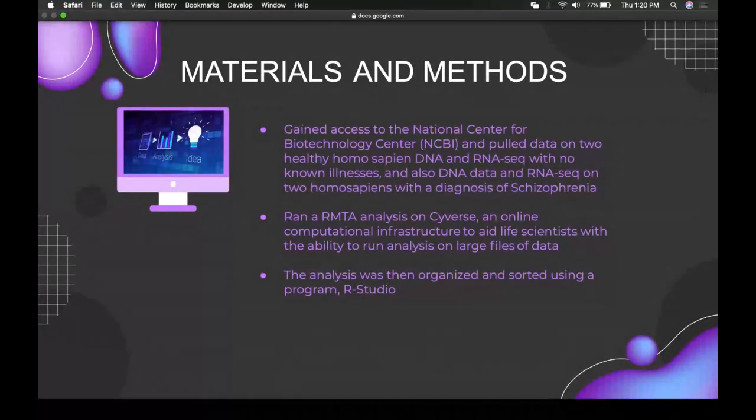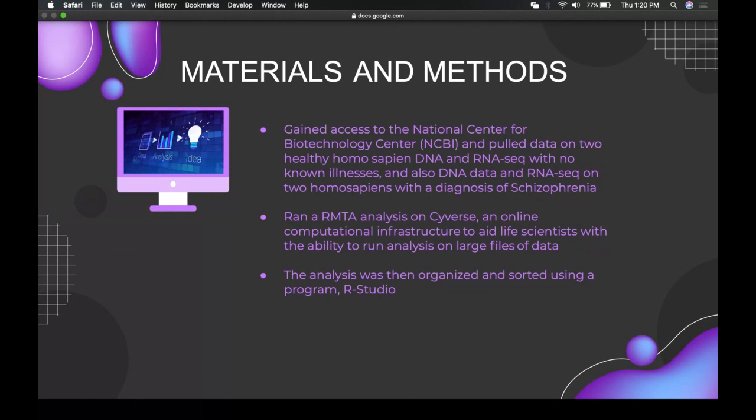So for our materials and methods, we gained access to the National Center for Biotechnology Information, the NCBI, and we got data on 2 healthy Homo sapiens DNA and RNA sequences with no known illness, and also DNA and RNA sequence data on 2 Homo sapiens with a diagnosis of schizophrenia.